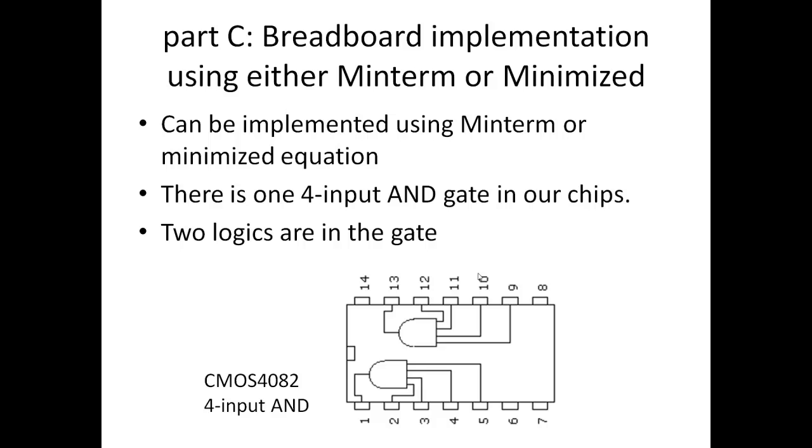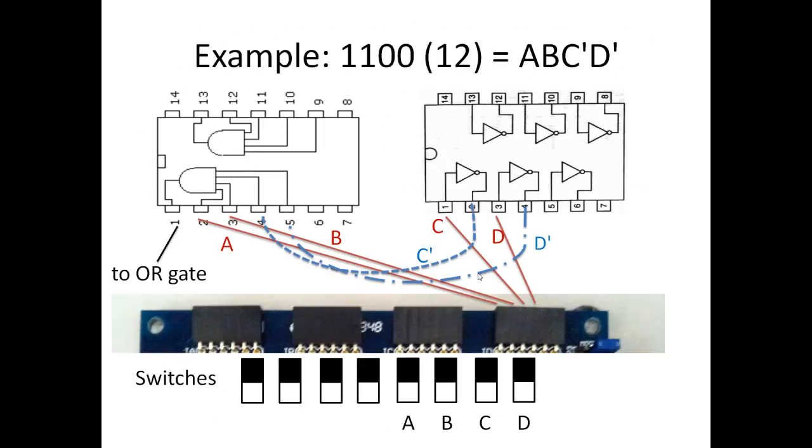Try to construct the other AND gates using 2-input gates. This is how you connect, for example, A, B, C' and D'. These are going to be your inputs, call them A, B, C and D, and they can be controlled by these switches.